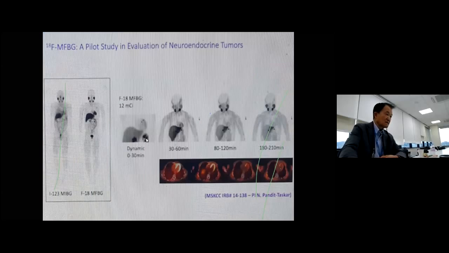And then this is from a new agent, similar to MIBG, benzylguanidine differently, and then shows some lesions in the liver.